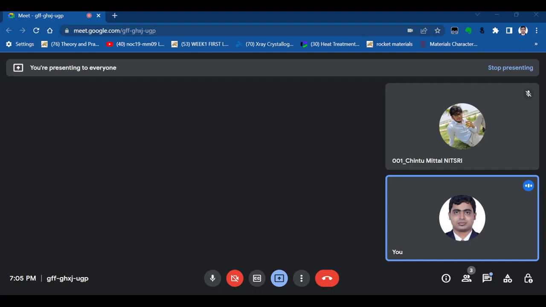So from Tresca criteria, we know that sigma max minus sigma min by 2 is equal to tau max, which I have shown here. Already from this figure you can see sigma max, sigma minimum.